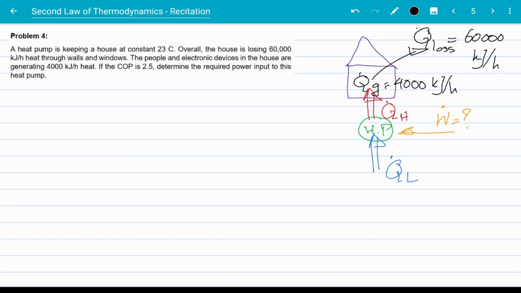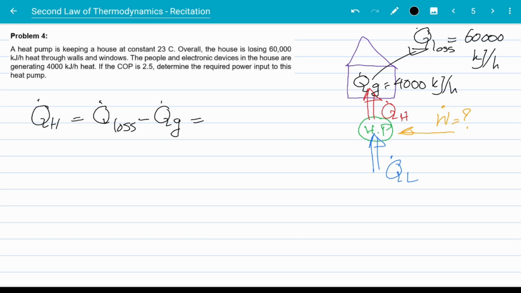Okay, now in order to keep the temperature inside constant, meaning in order to keep the internal energy of the fluid inside at a constant level, we need to provide whatever energy is lost using the heat pump. So Q dot H, which is the heat pumped inside the house, is equal to the amount of heat the building is losing minus the amount of heat that the building is generating through the people inside and the electronic devices.